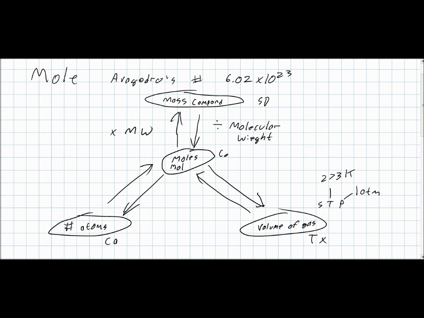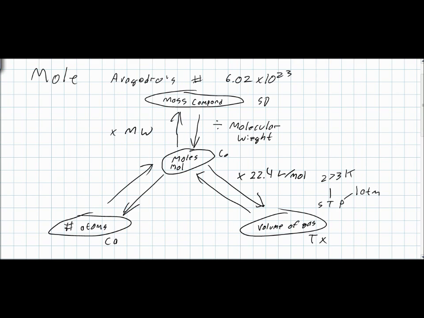You're at the hub. And now you're about to transfer over in flights. The transfer is simply by another math sequence. To get from moles to volume of gas at STP, we simply multiply by 22.4 liters per mole.